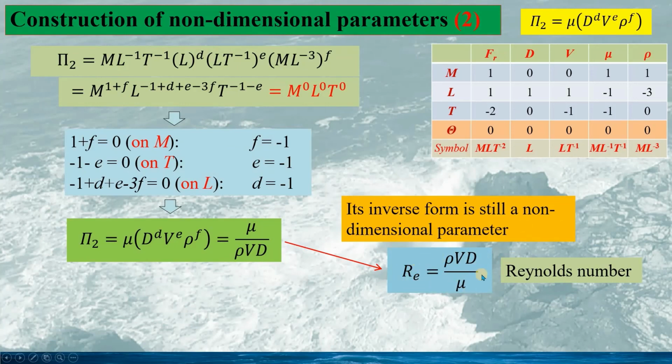And this is the famous Reynolds number, as we can see in fluid dynamics. So basically, the non-dimensional parameter pi 2 is equivalent to the Reynolds number, Re.